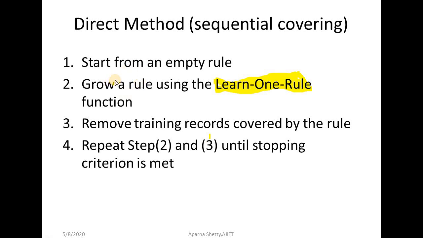So you start with an empty rule, then using the learn one rule function you generate a rule, then remove the training records covered by it, and repeat steps 2 and 3 until the stopping criterion is met.